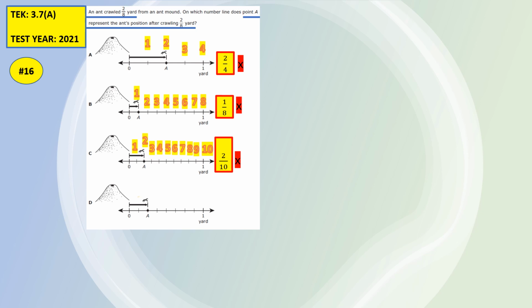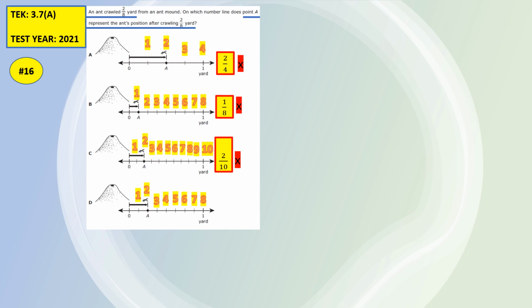So 0, once we get to our first mark, we start counting. 1, 2, 3, 4, 5, 6, 7, 8.